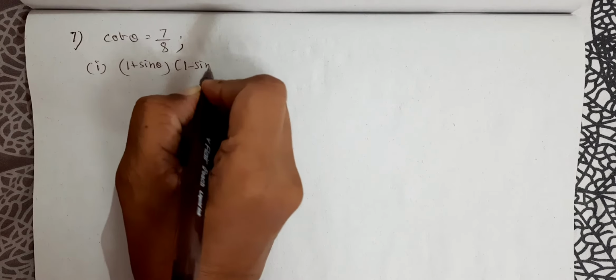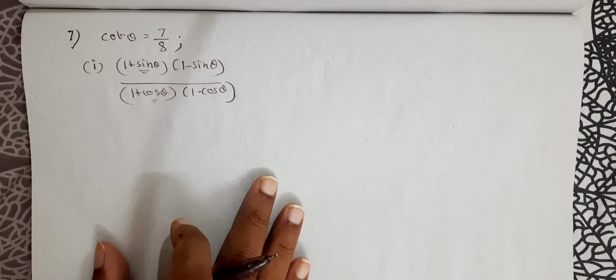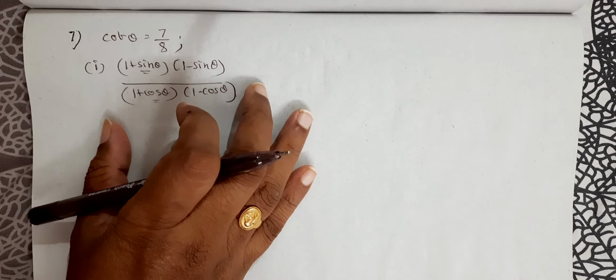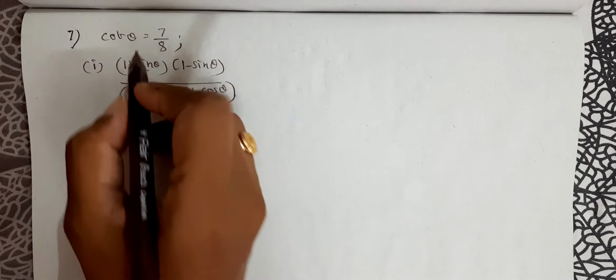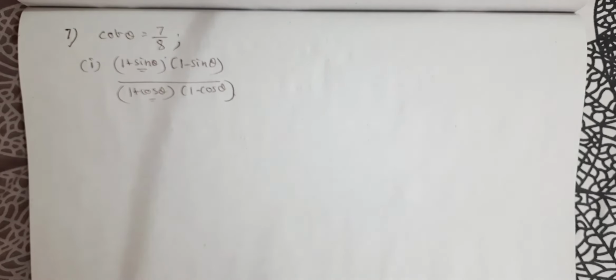First we should know the values of sine and cos. Once we find sine and cos, we can substitute in this and evaluate the given expression. So now from cot theta is equal to 7 by 8, let us first draw a right angled triangle.